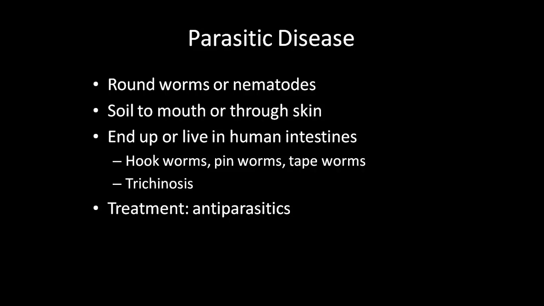They tend to be around water potentially, or also the nematodes are near the soil. And so they end up in the human intestines, where they have these hookworms or pinworms or tapeworms. They come about from improperly cooked pork, part of the reason it's pretty rare in the United States.